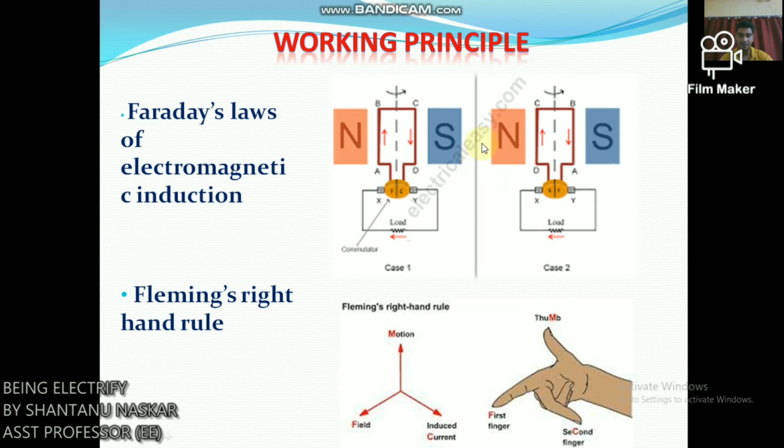If you look at this figure, you will know how the direction of the induced current is alternating in an armature conductor. But with a split ring commutator, the connection of the armature conductor also gets reversed when the current reversal occurs, and therefore we get unidirectional current at the terminal. So by these two laws we can describe the working principle of DC generator.